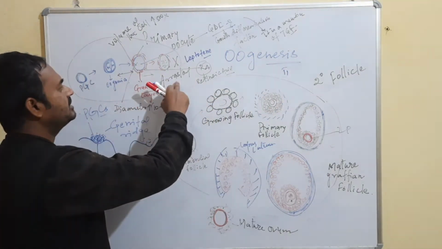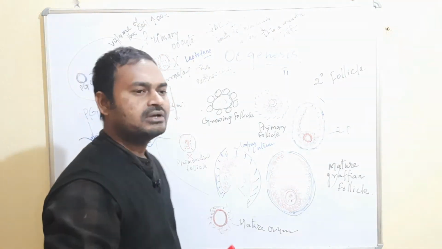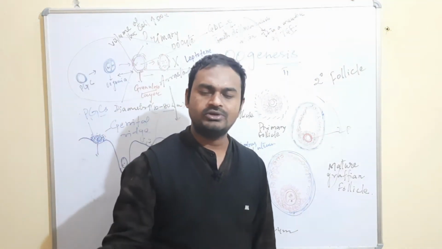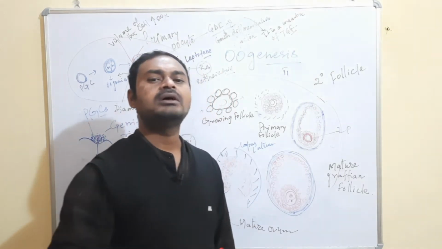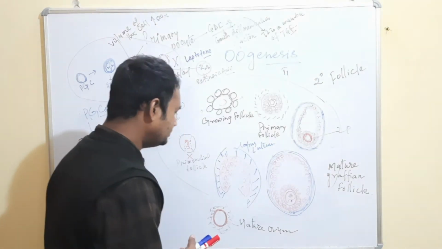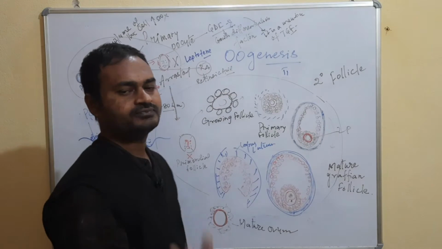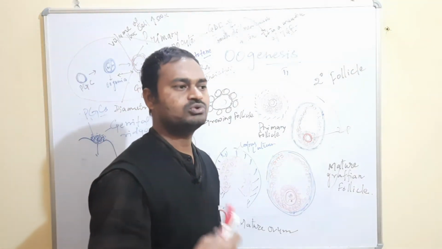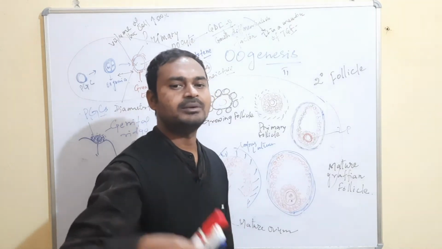And after this, we will go to the individual after it attains its maturity. Whenever the individual attains maturity, this cell will start to develop and increase, starting its further development.